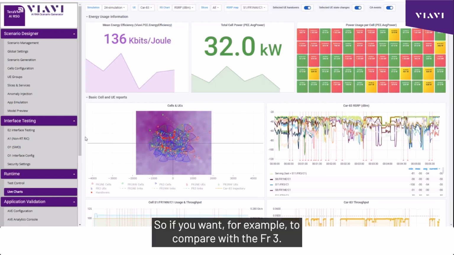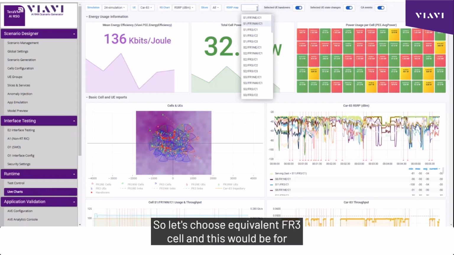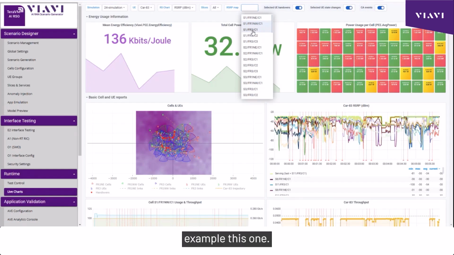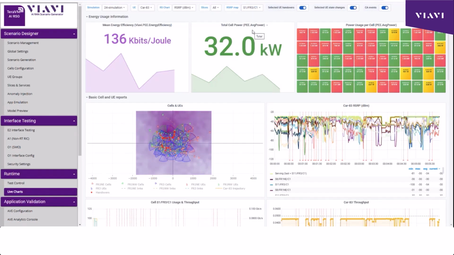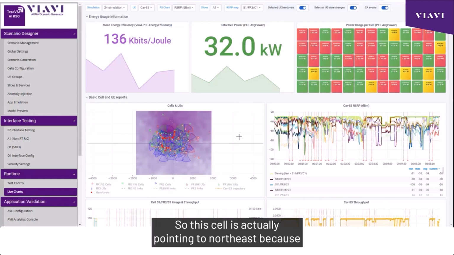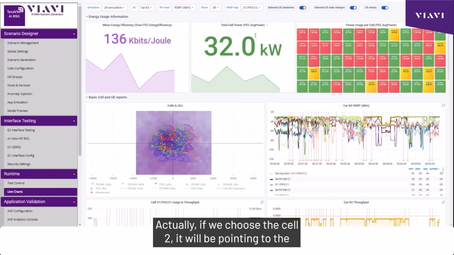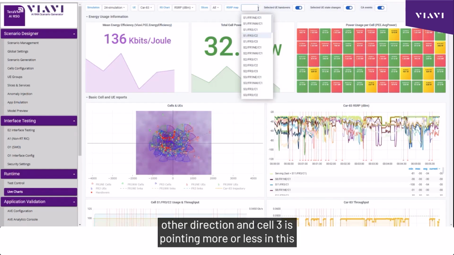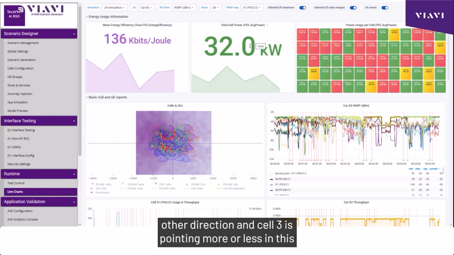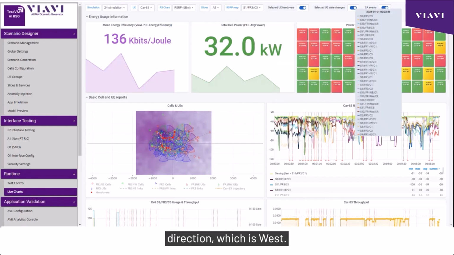So if we want, for example, to compare with the FR3, let's choose an equivalent FR3 cell, and this would be, for example, this one. This cell is pointing to the northeast because this is cell 1. If we choose cell 2, it will be pointing in the other direction, and cell 3 is pointing more or less in this direction, which is west.